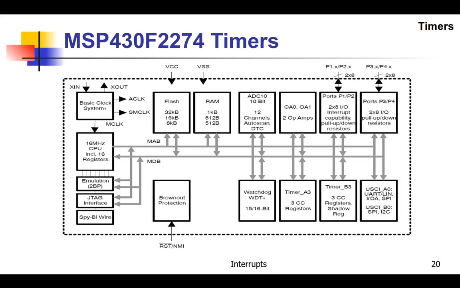Here's a block diagram of the MSP430F2274. And it has a bunch of different interesting features here. These are basically the I/O stuff here, and so you can see there's several different clocks: ACLK, SMCLK, and MCLK.